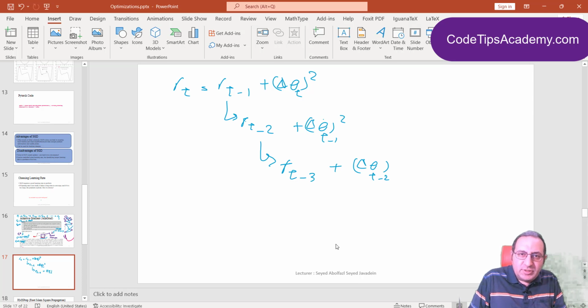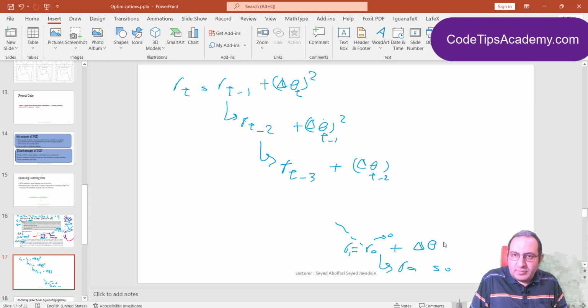And as you can see here, if we go down to R0, that is 0, and R1 is R0, that's 0, plus the square of changes. And what does this mean?